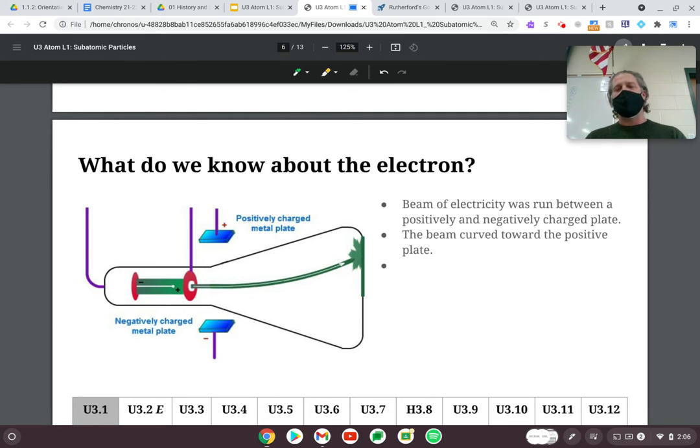Okay, and in Thompson's experiment, as he increased the amount of charge at the metal plates on the sides of the cathode ray tube, he noticed that the beam of electricity was always bending to the same side, toward the positive side of the plate. And when it was bending toward the positive side of the plate, Thompson deduced that there must be a particle inside that electric beam that is negatively charged.